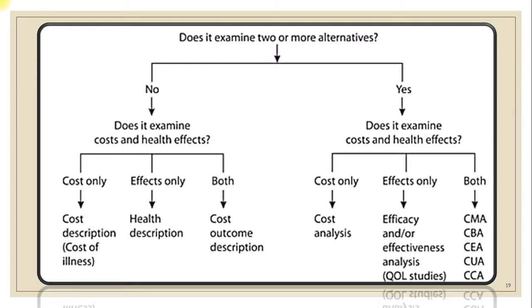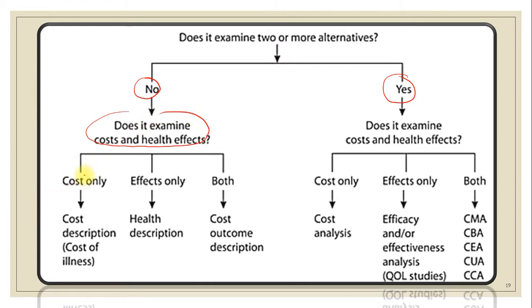If we ask whether it examines two or more alternatives, there can be two answers: the first answer is yes and the second answer is no. If the answer is no, we will see that first. Does it examine cost and health effects?